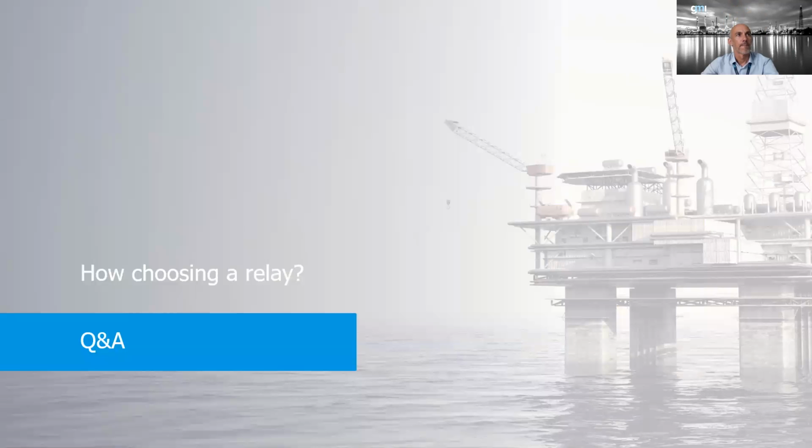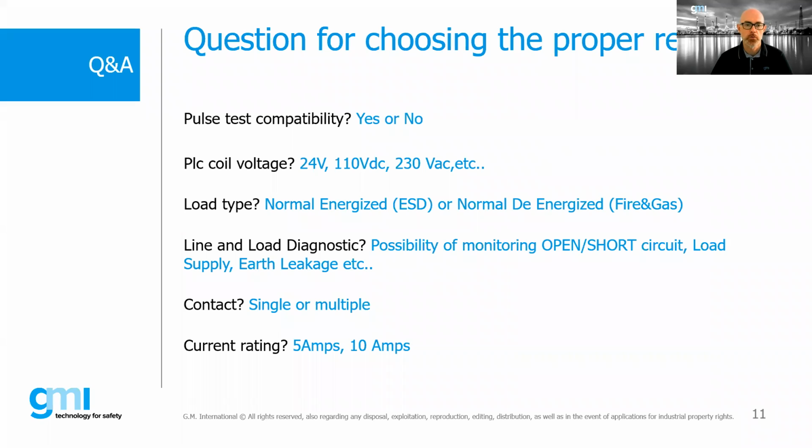Okay. Well, how do you choose a relay? The choice of the correct safety relay must be made taking into consideration various factors, such as compatibility with the PLC pulse test system, the type of coil power supply, and the safety function that it must perform.